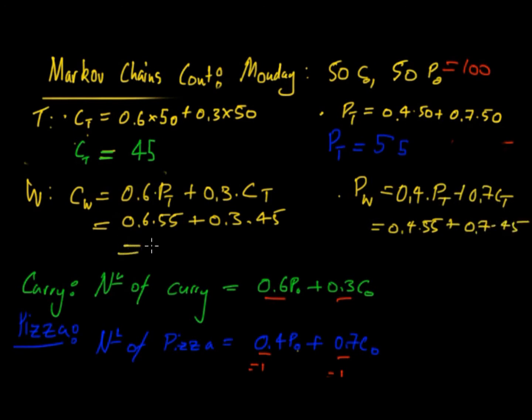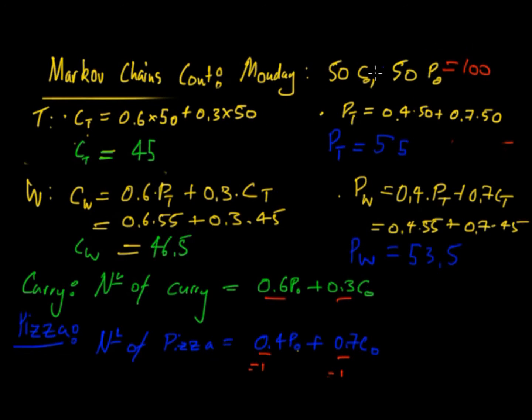So working that out, we get 46.5. That's the number of people who eat curry on Wednesday. And then calculating the number of people who eat pizza on Wednesday gives us 53.5. And as you can see here, they add up to 100 again.